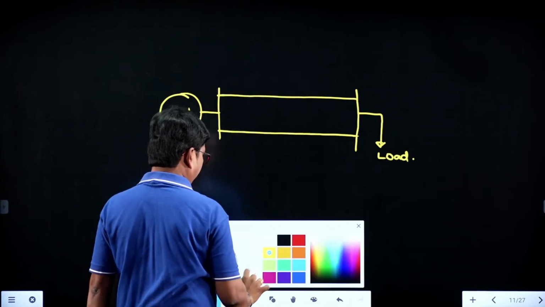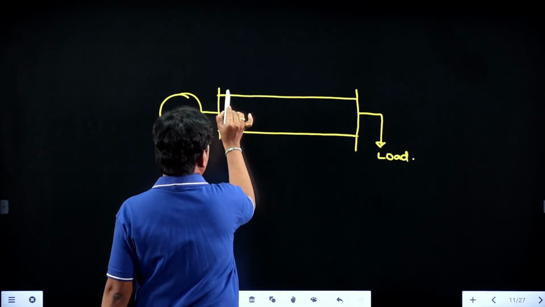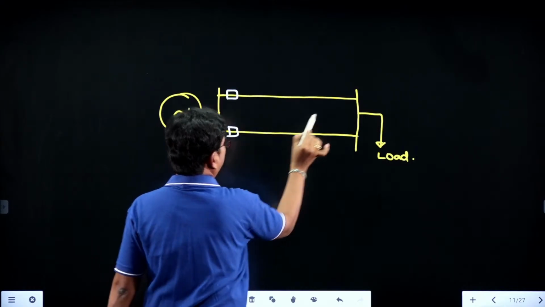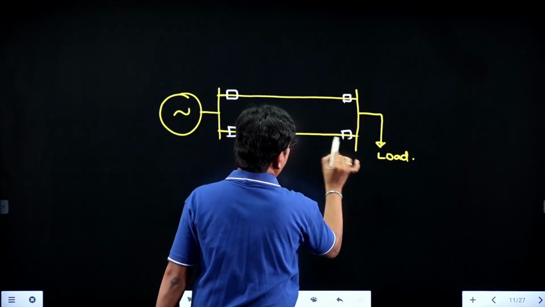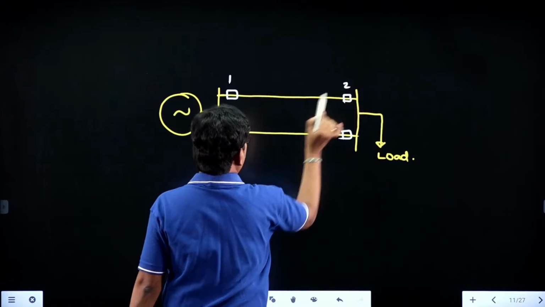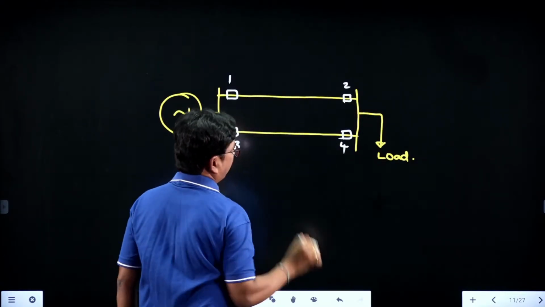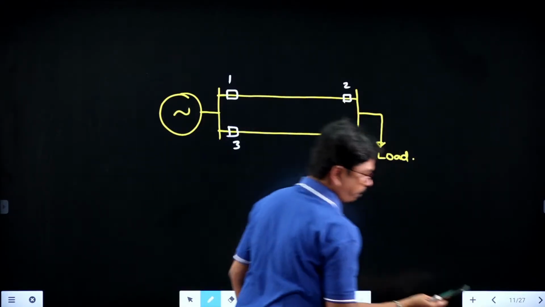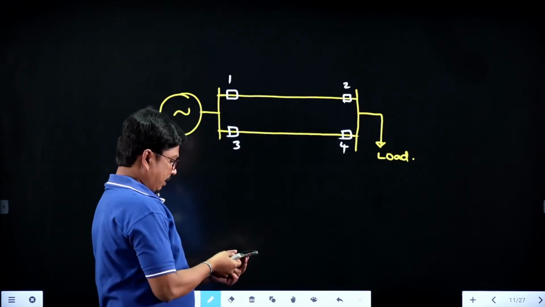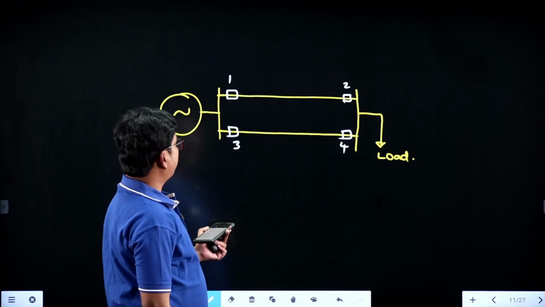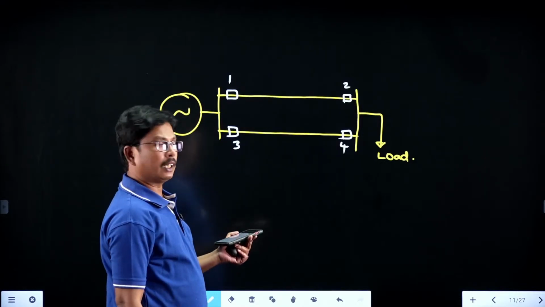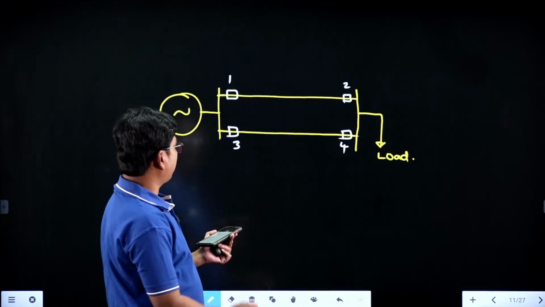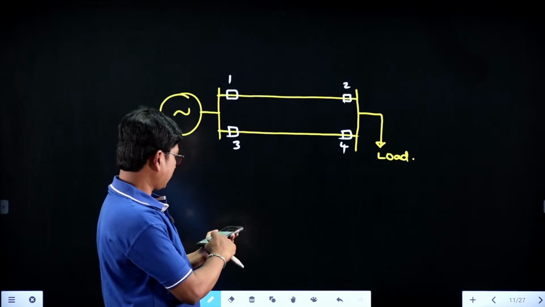Suppose it is relay 1, relay 2, relay 3 and relay 4. In this 1, 2, 3, 4, which are the directional relays?